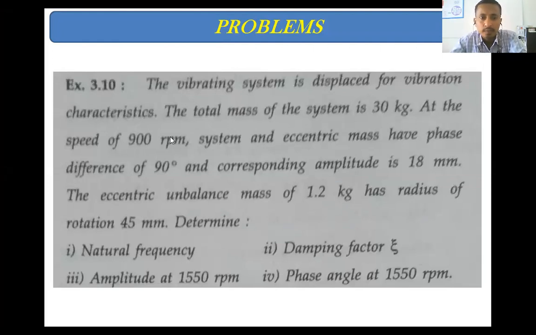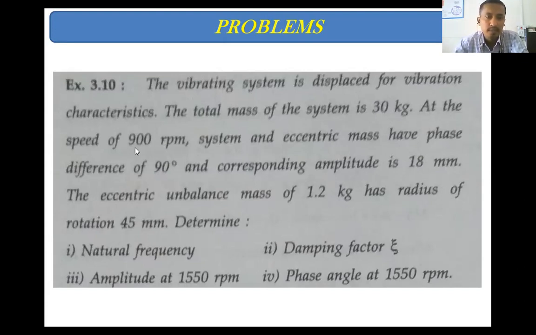So problem number 1. The vibrating system is displaced for vibration characteristics. The total mass of the system is 30 kg, that is m is equal to 30 kg, at the speed of 900 rpm.